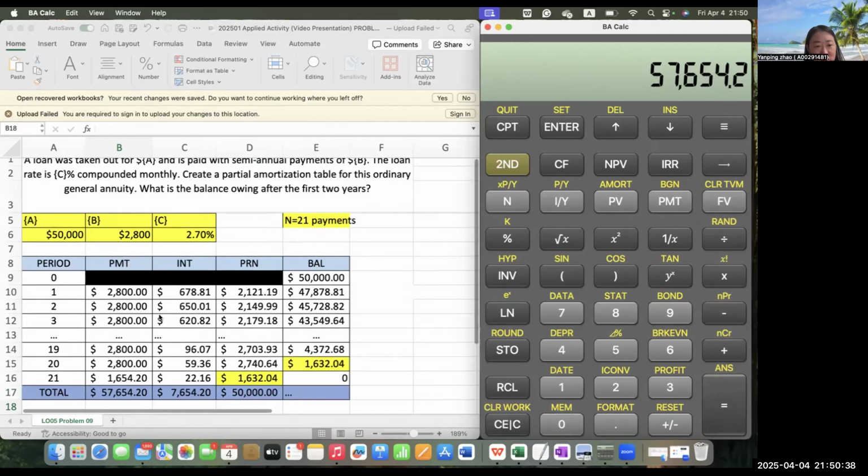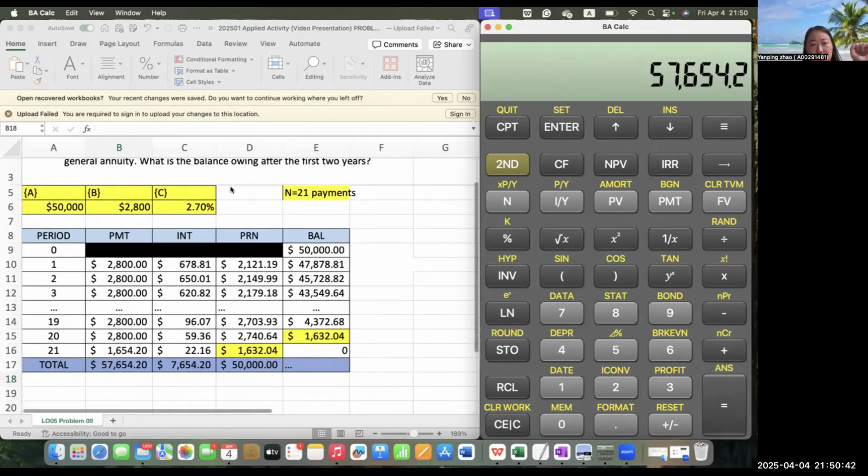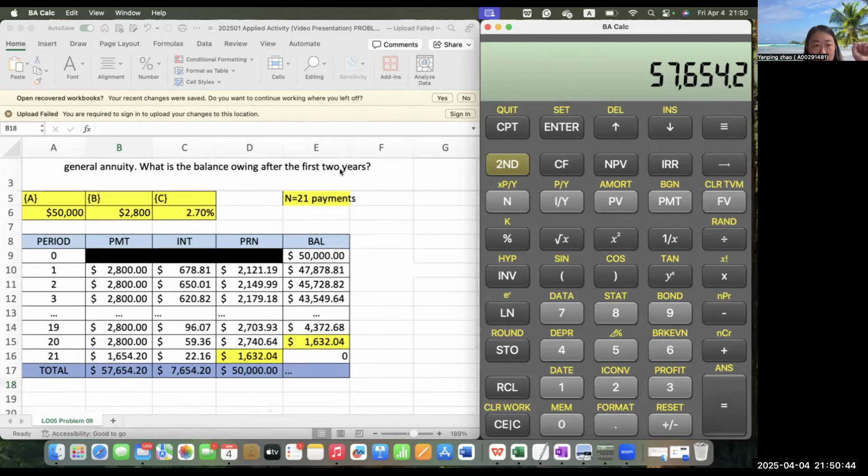In the question, we need to figure out what is the balance after the first 2 years.